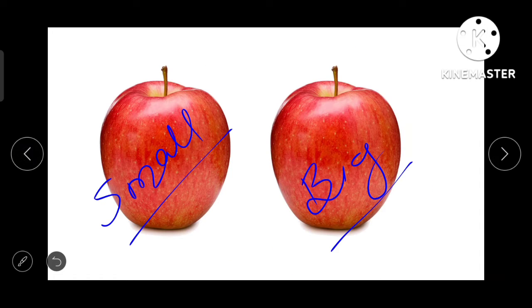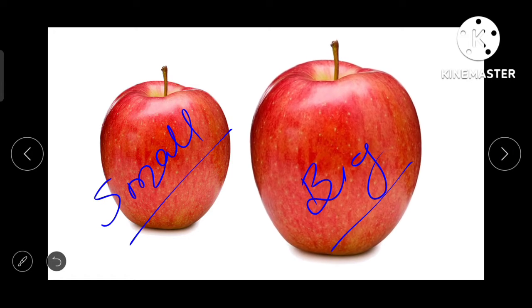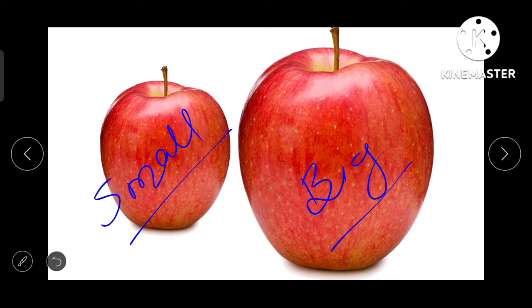So here, first of all, both the apples are of the same size, but now here this one is big in size and this one is small in size. So whenever we compare two things on the basis of sizes, then we get a small object and a big object.